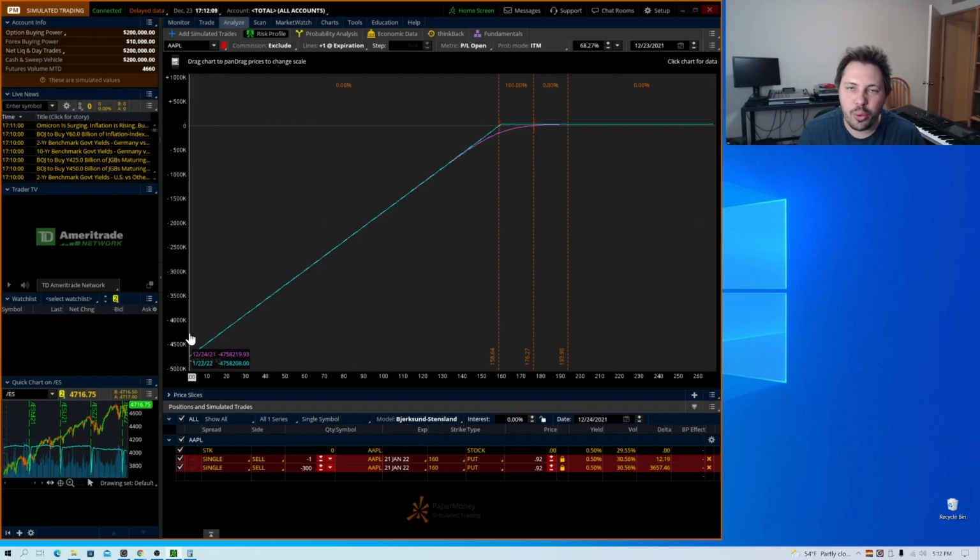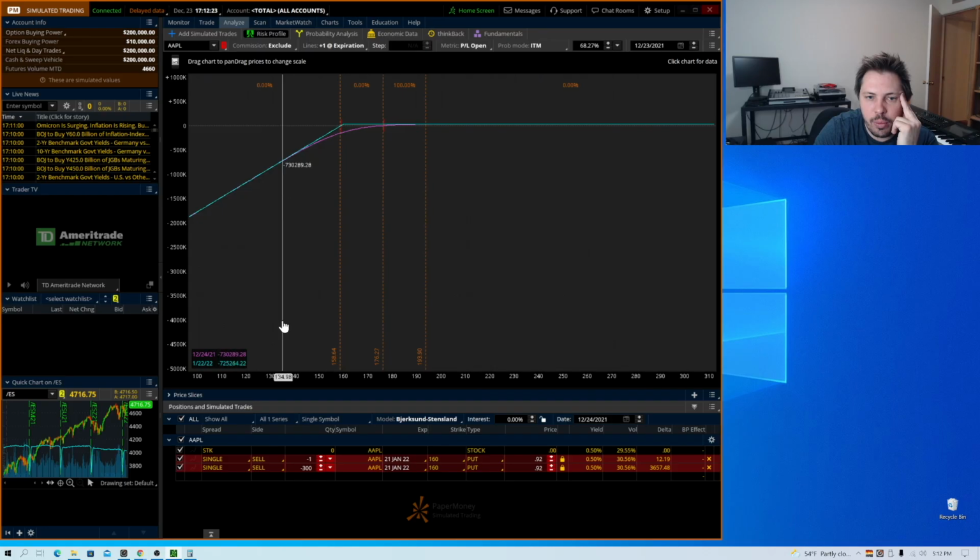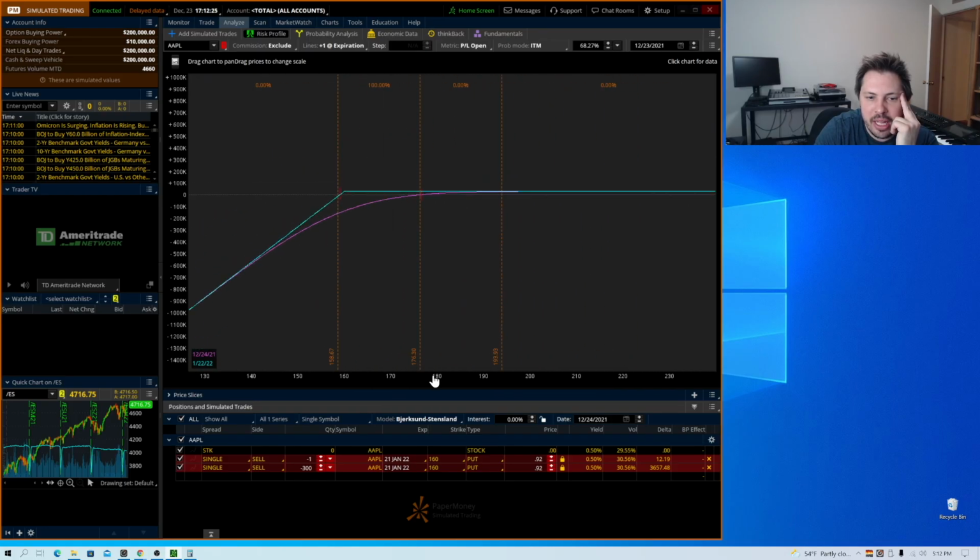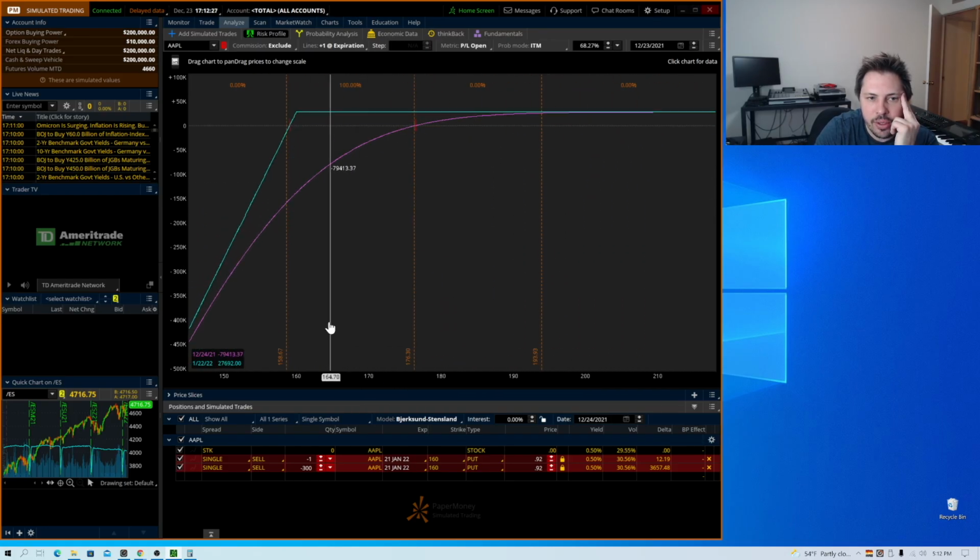Which is what 300 contracts times $16,000 would be, right? But we're taking away our net credit that we would receive for the puts that we would keep if this gets assigned. Okay, but how much money would we make on our investment if Apple never makes it down, right?